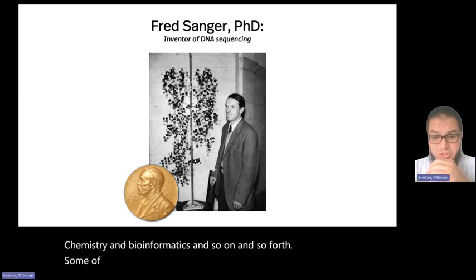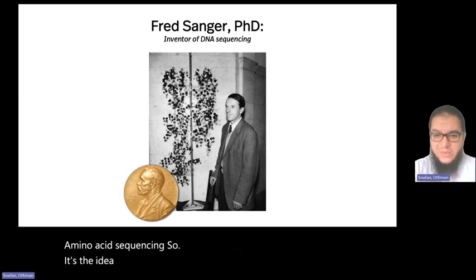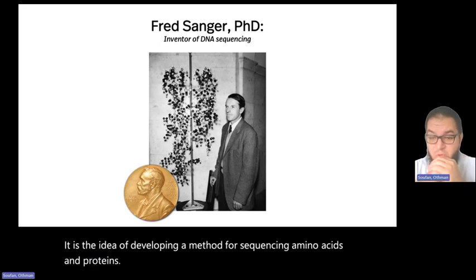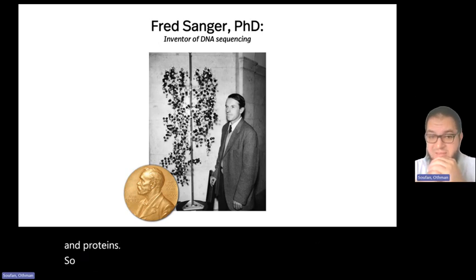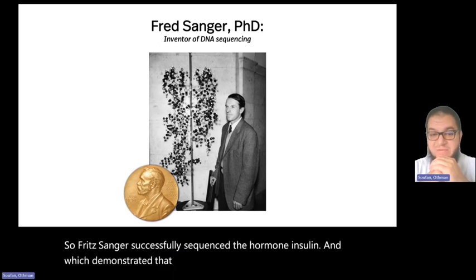Some of the key contributions included amino acid sequencing, the idea of developing a method for sequencing amino acids and proteins. Fred Sanger successfully sequenced the hormone insulin, which demonstrated that proteins have a defined chemical composition.